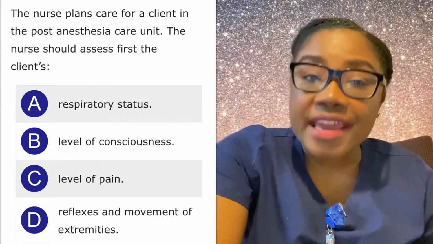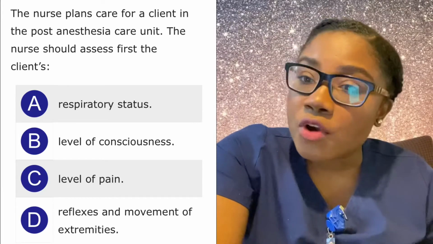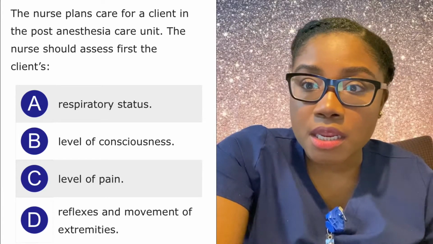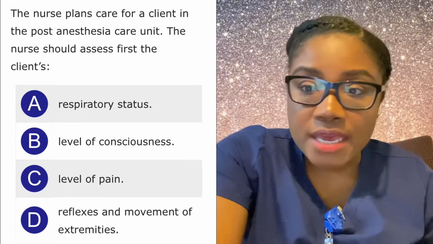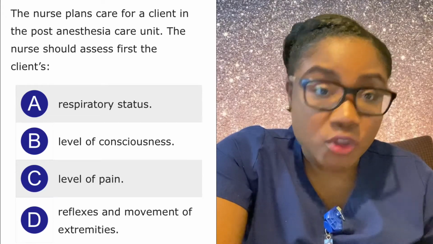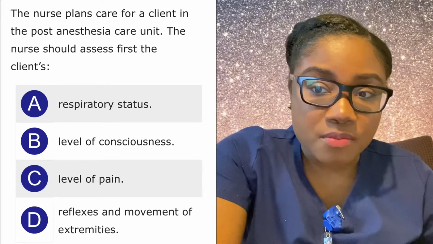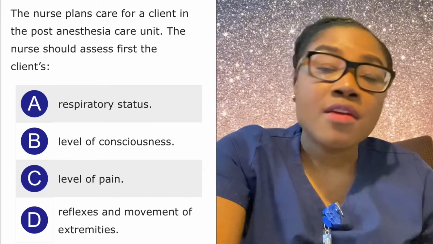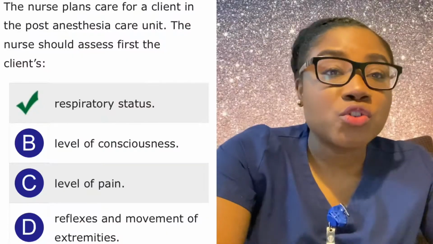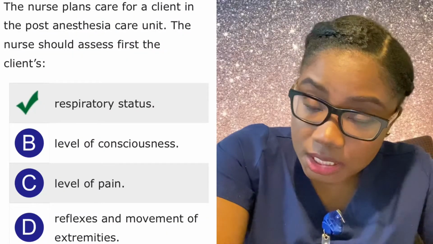A stands for airway. So let's look for airway in these answers. So it's not level of consciousness, which is important as well. Level of pain, nope. Reflexes and movement of extremities, very important. So the answer is gonna be respiratory status, right?